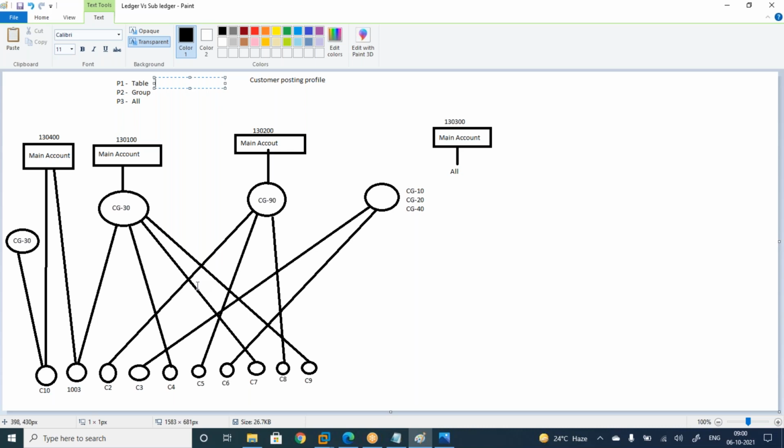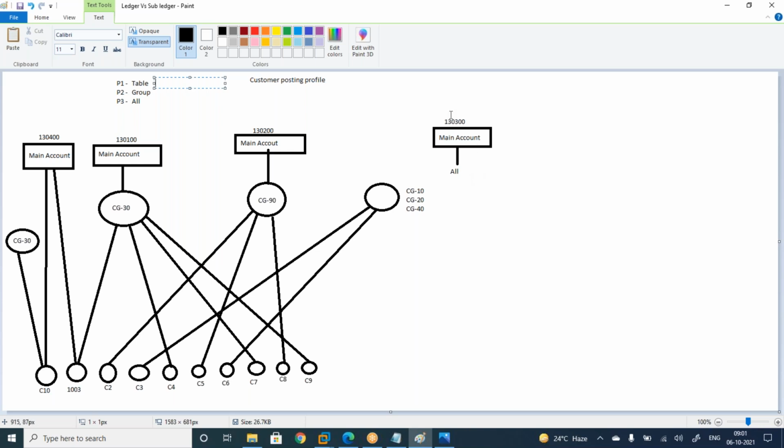Suppose instead I create only one account receivable, and for all groups I map all the customers to account receivable. Then what will happen? Everything goes to account receivable. Only one account, all customer balances. Yes, then everything goes to this account.